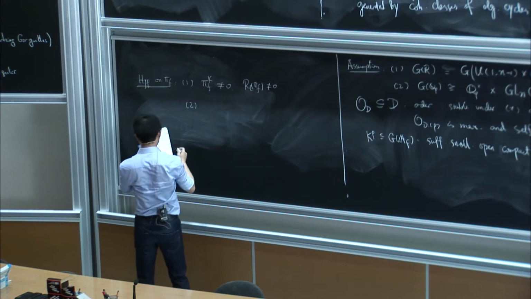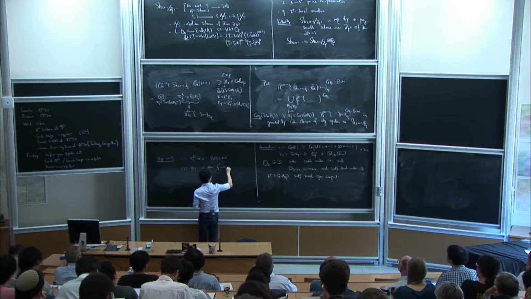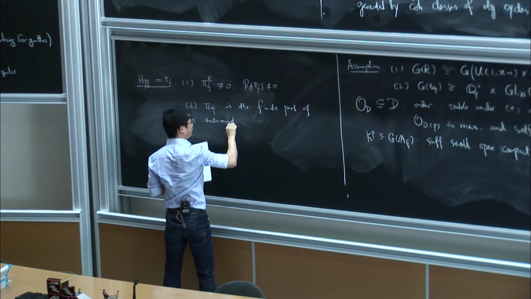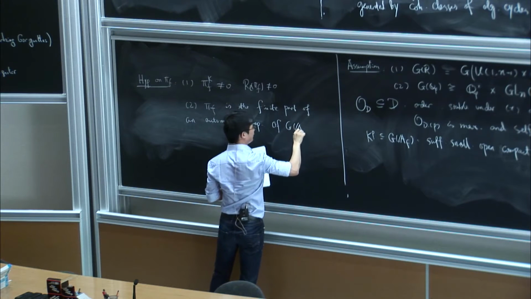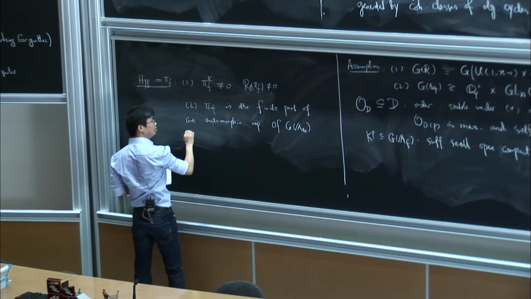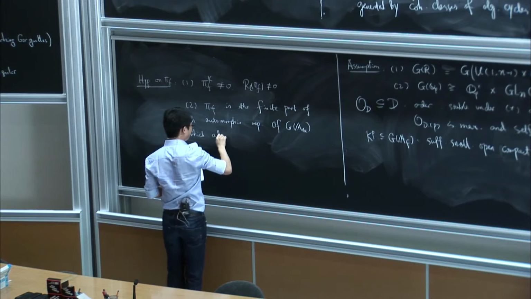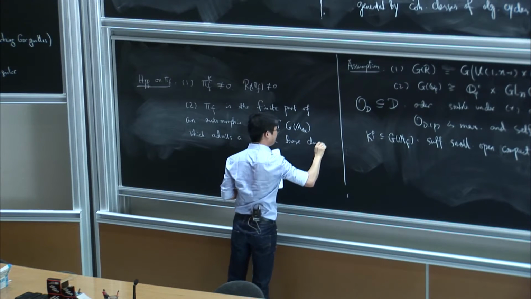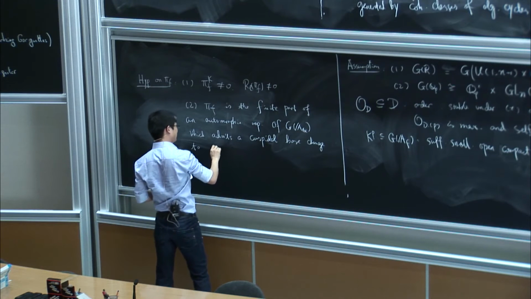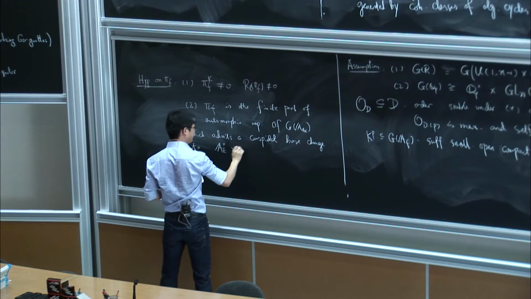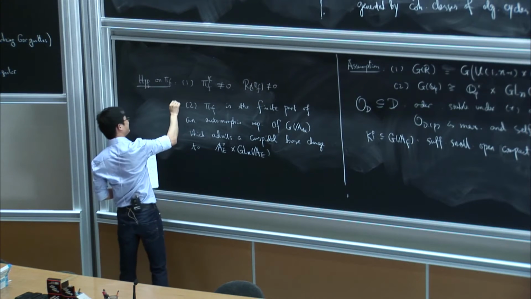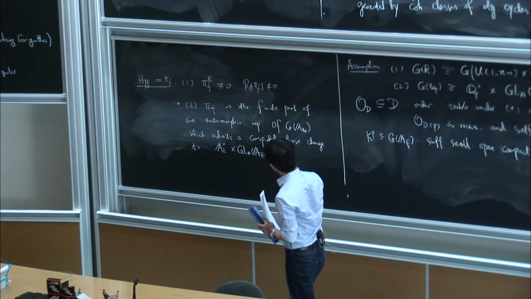So basically it says that π_f is the finite part of an automorphic representation of G which admits cuspidal base change to E^× times GL_n(A_E).